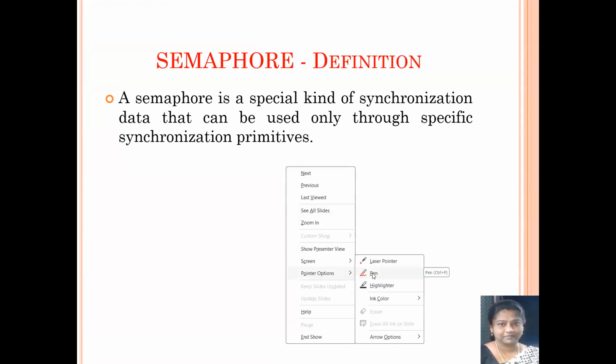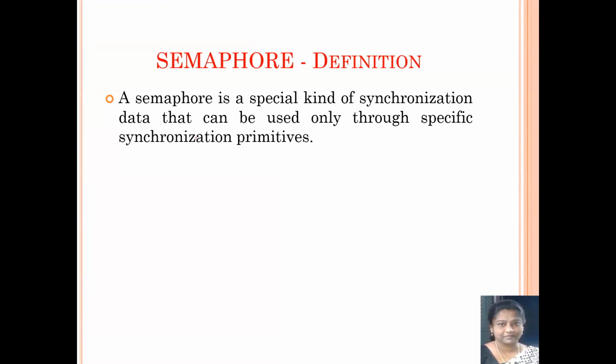That can be achieved only with the help of specific synchronization primitives. These are the operations that can be performed on a semaphore. So with the help of operations on the semaphore, we can achieve process synchronization.